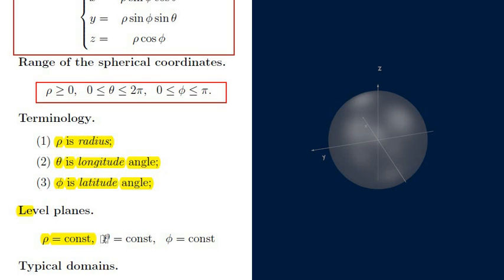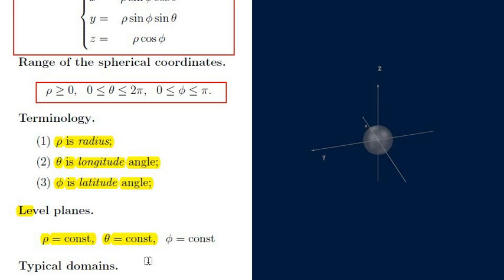Another level plane, theta equal constant. In XYZ space, this plane is given by a radial plane which comes out of the z-axis, like shown in the video right now. And finally, level plane phi equal constant.